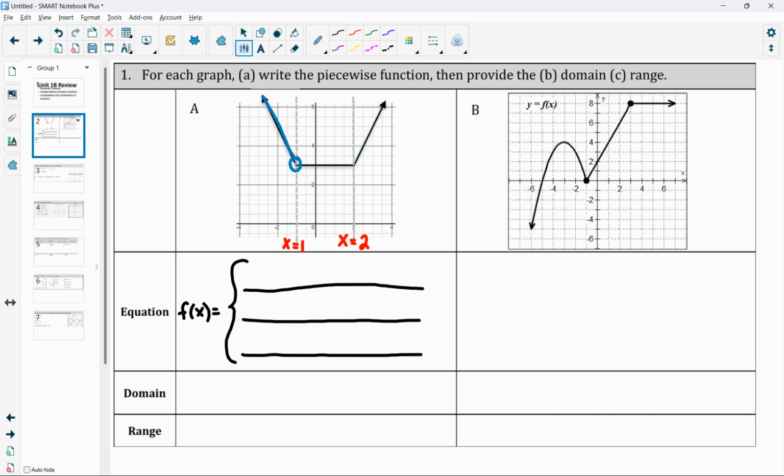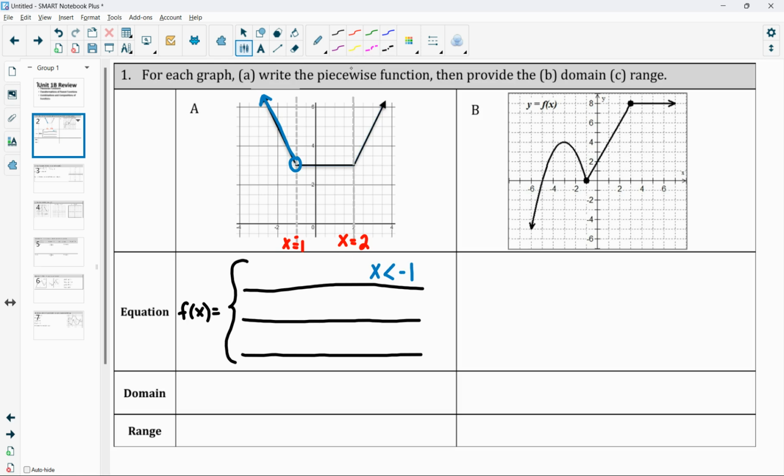We've got two functions that overlap here. So one can be an open circle and one can be a closed circle. So I'm just going to write this first one as an open circle. It doesn't matter. So this piece has all of the x values that are lower than this, and I guess this is -1, not 1. So lower than -1. And so my domain for this is x's that are less than -1.